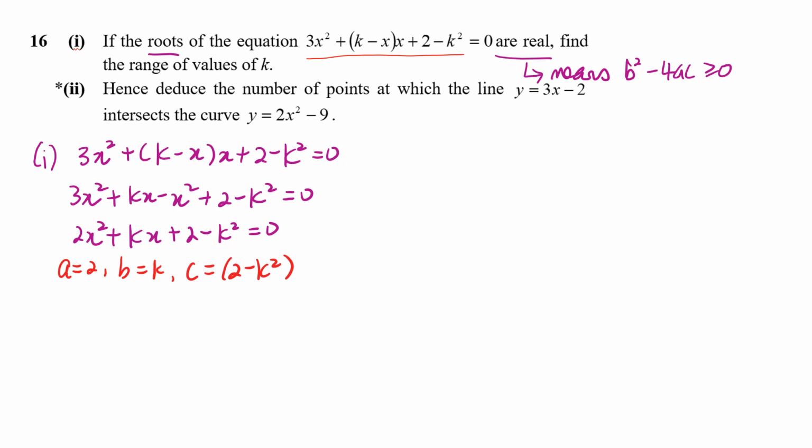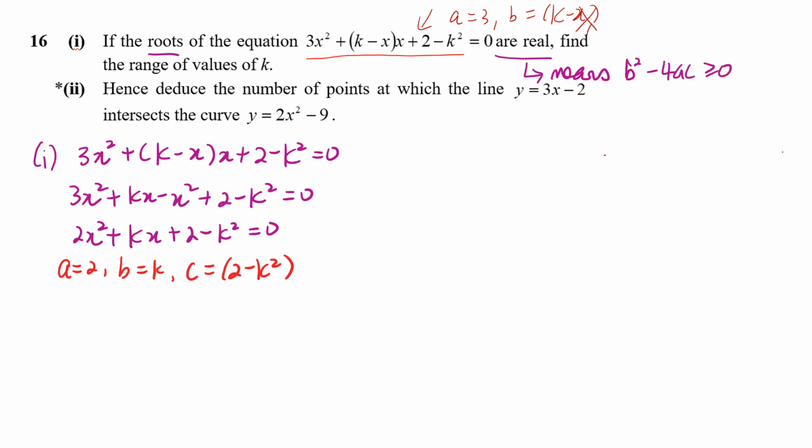Right, so remember that the value of a is the coefficient of x squared. The value of b is the coefficient of x. So some of you, if you're not careful, may take your a as 3 and your b as k minus x, which will be wrong, because the value of b is the coefficient of the x term.